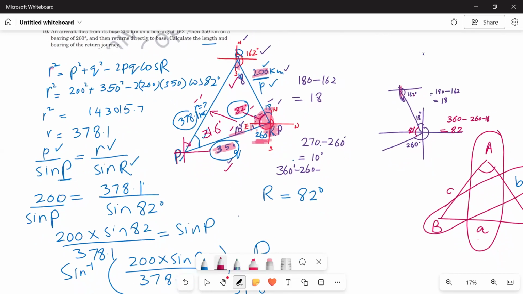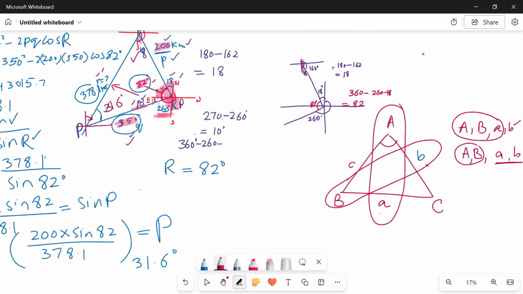Now look here carefully. There are two lines, this line and this line. This is 10 angle and this can also be 10 angle, because when two parallel lines are given and one line is crossing both, then the opposite angles are the same.